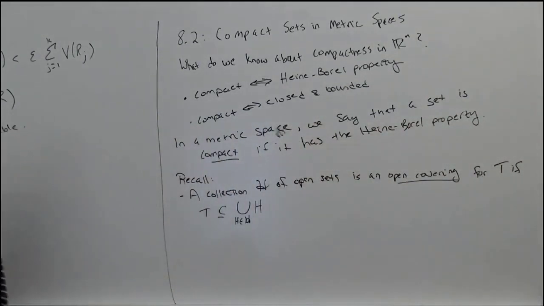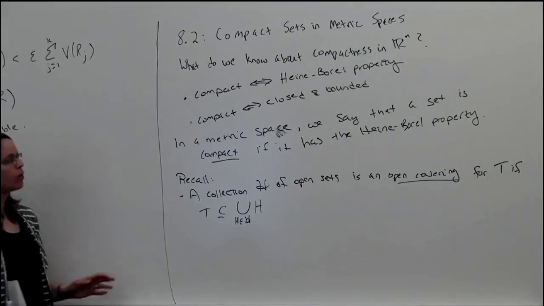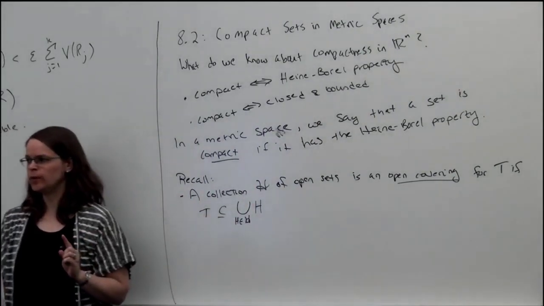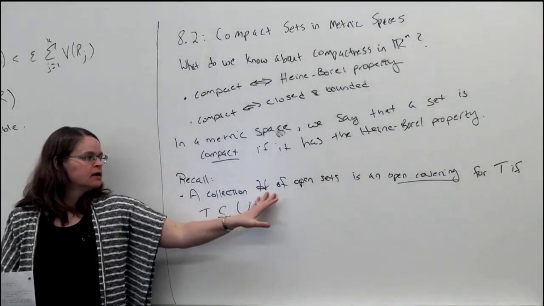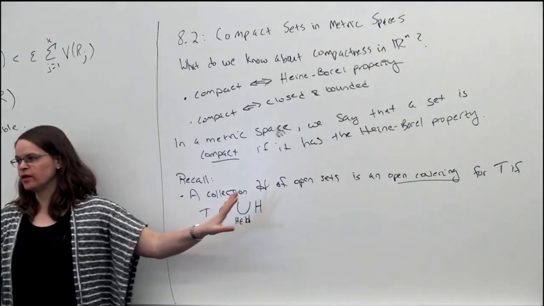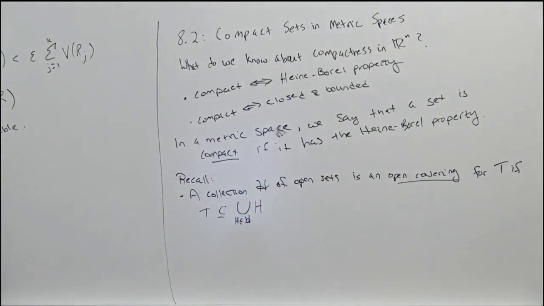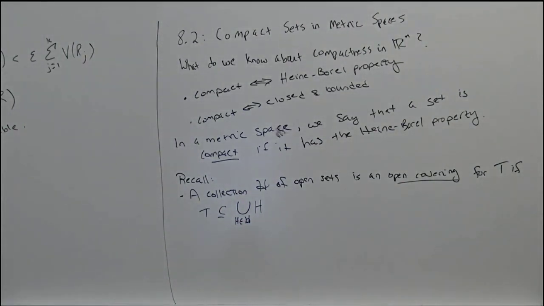But then the Heine-Borel property said that, well, if T satisfies the Heine-Borel property, then you give me any collection, any open covering you like, which again could be uncountably infinite for all I care. No matter how big it is, I can extract finitely many of those and it's good enough.